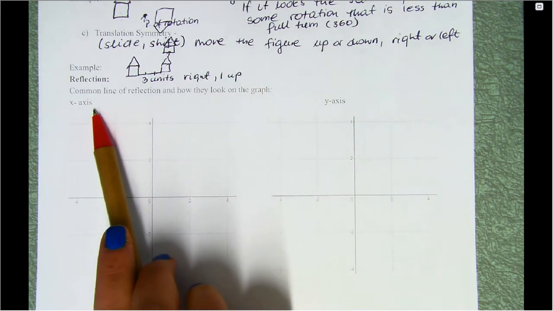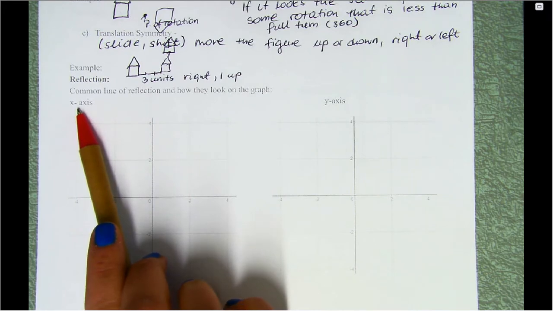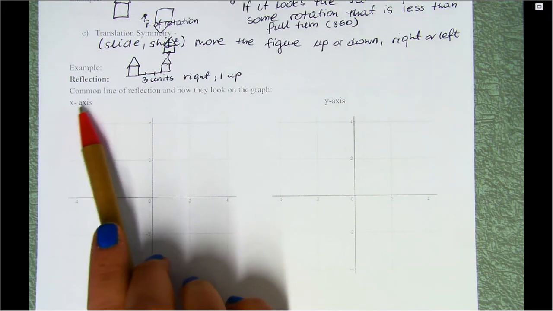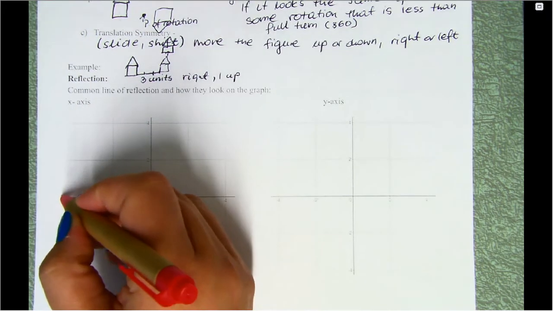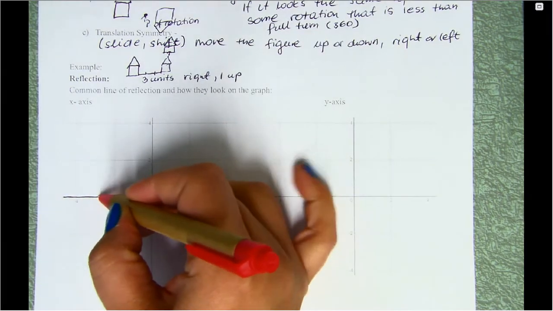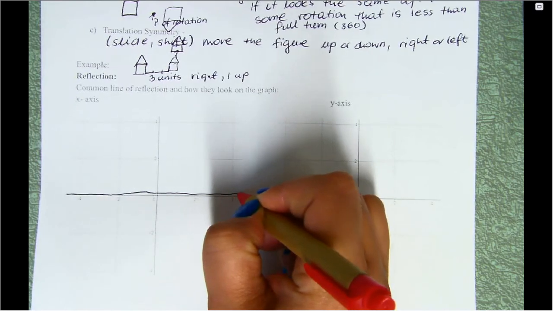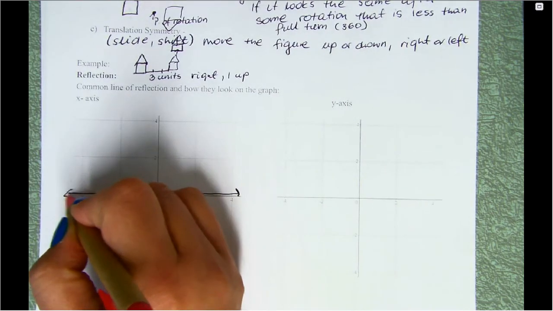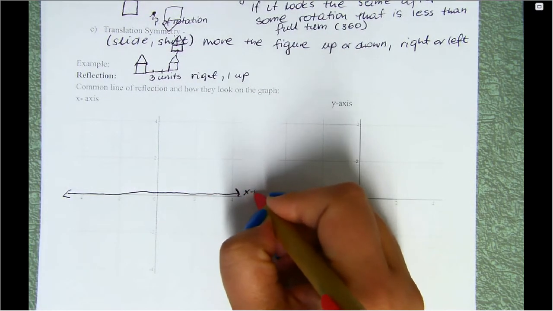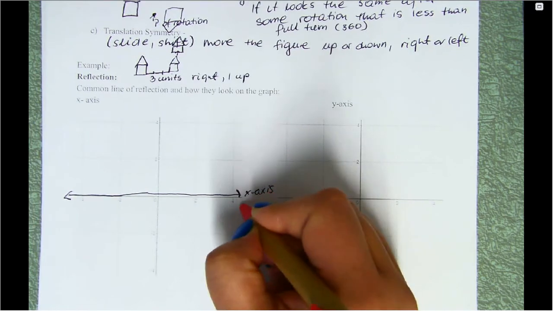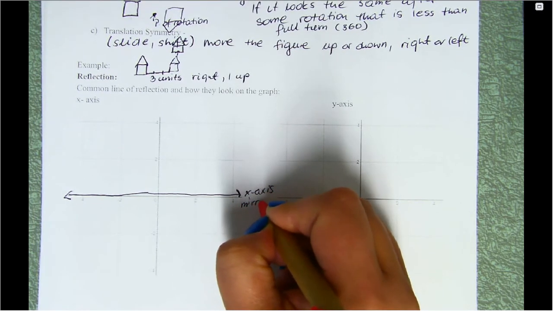So the first line is going to be my mirror. It's going to be the x-axis. So this line right here, that's why I use a straight edge, right? This is my x-axis, and this is my mirror for this problem.